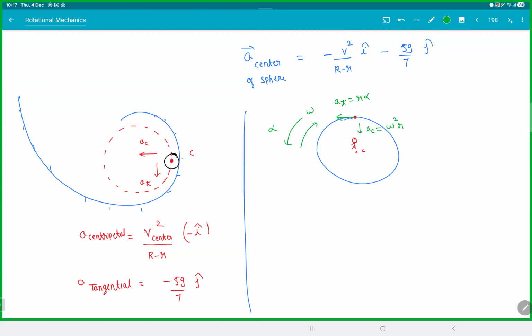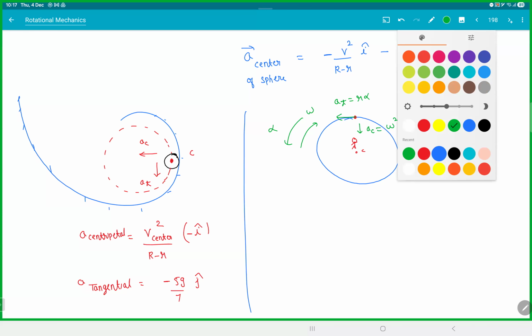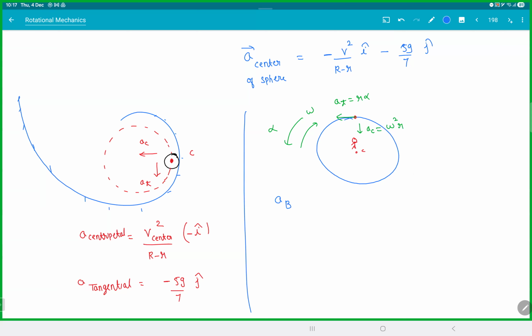Isn't it? If you go and stand on the center of the sphere, don't you think B itself is going in a circle? So acceleration of point B with respect to the center will be minus small r alpha I cap minus omega square small r j cap.